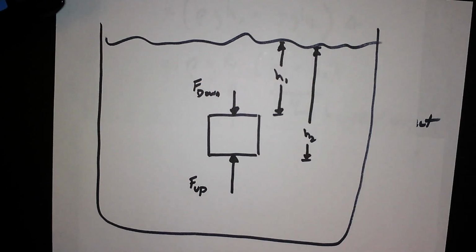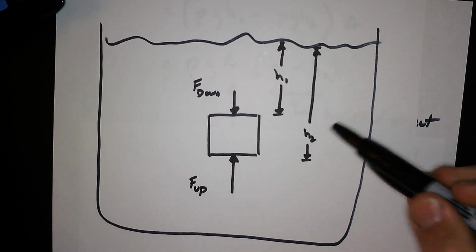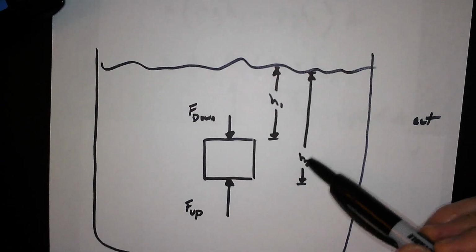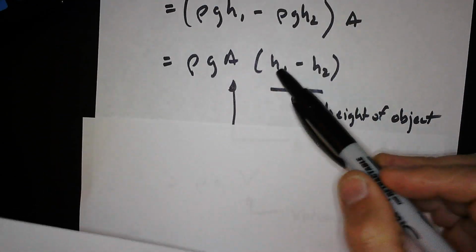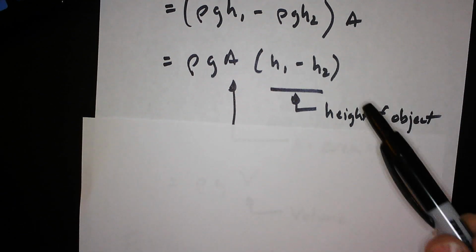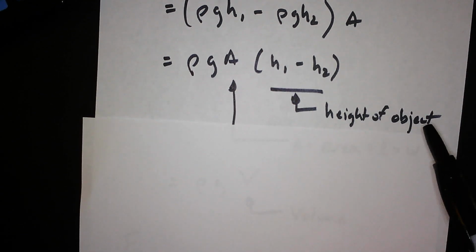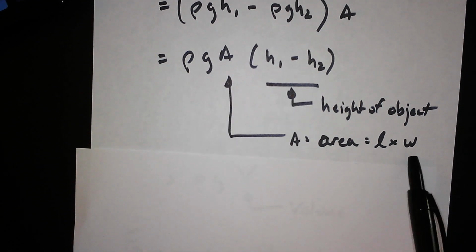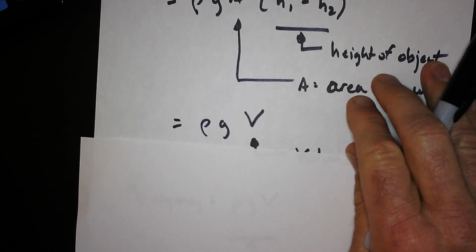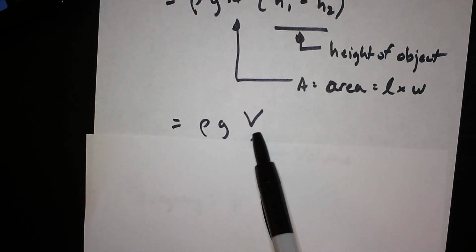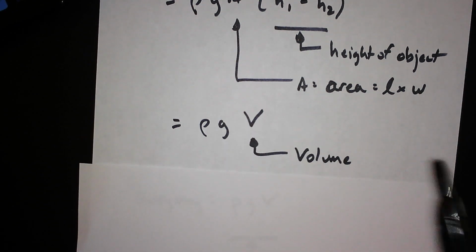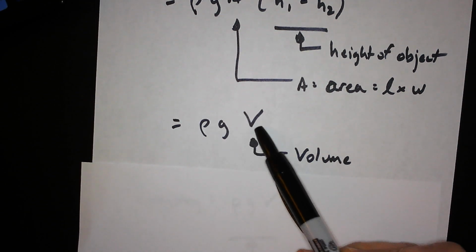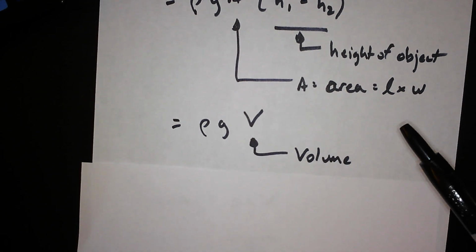The difference between these two will be the height of the object, so H2 minus H1, or I've written it the other way there, that's the height of the object. Remember, area is length times width. Therefore, we can reduce this equation to rho g V, or rho g volume: density of the fluid times the acceleration due to gravity times volume.